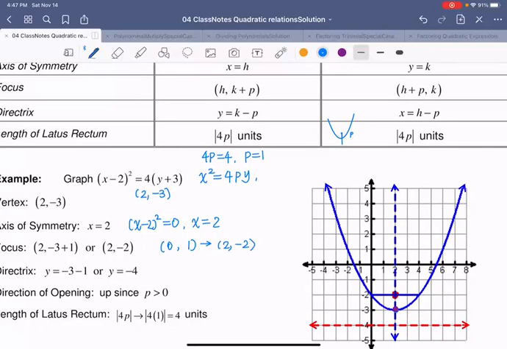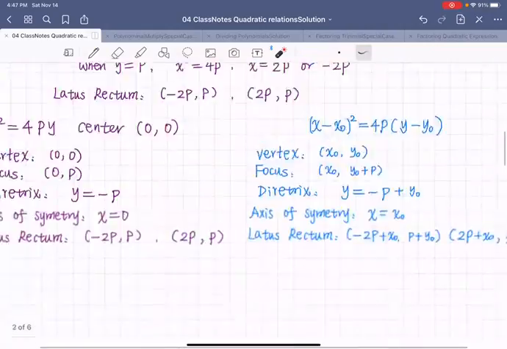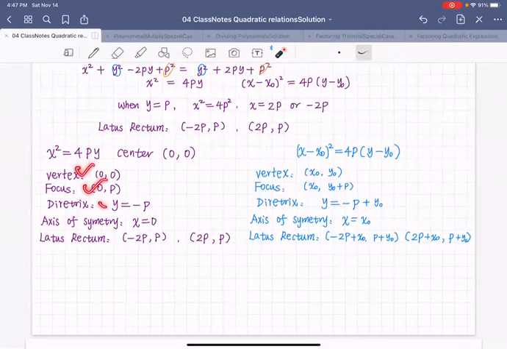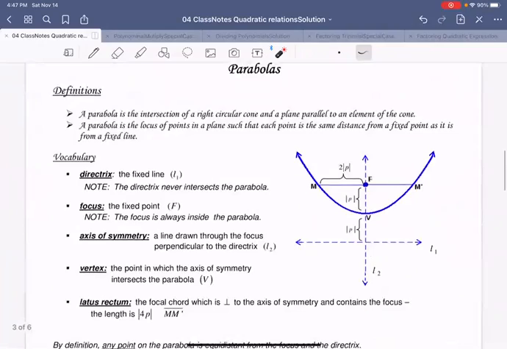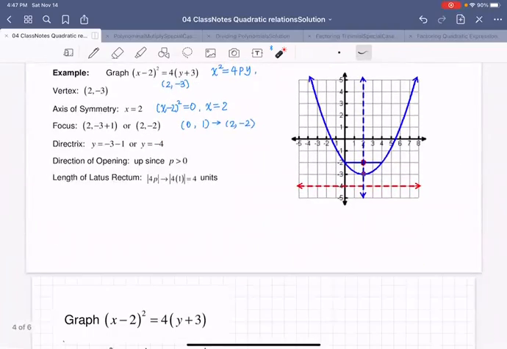That makes sense? So we use our knowledge here to figure out everything, and then based on the new center, we do those horizontal or vertical translations.